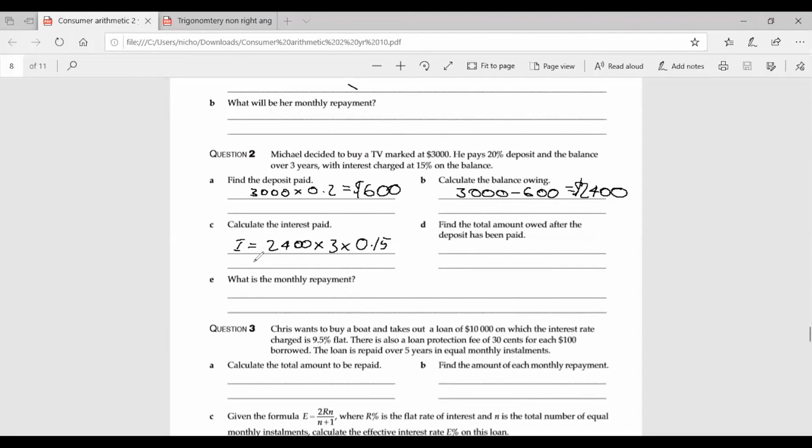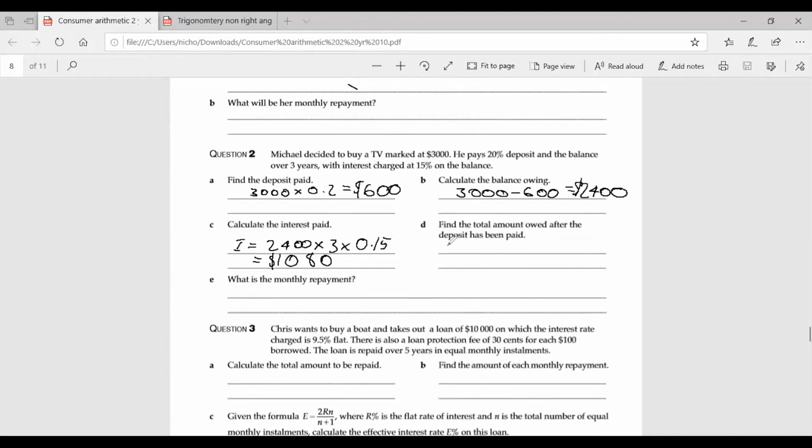Perfect. And so that's going to be equal to, if I get out my calculator, $1,080.